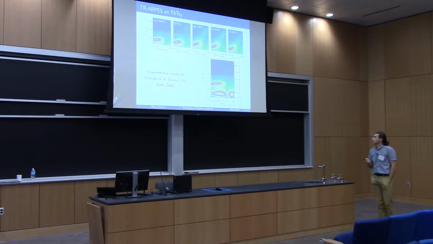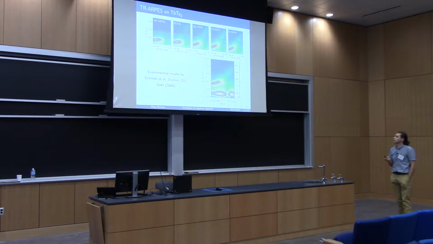In this slide, we present the experimental data for the time-resolved, angle-resolved photoemission spectroscopy results for terbium tritelluride, which is a charge density wave ordered material. These figures show the time evolution of the response from the electrons in the valence zone for different times of the probe pulse with respect to the pump pulse.